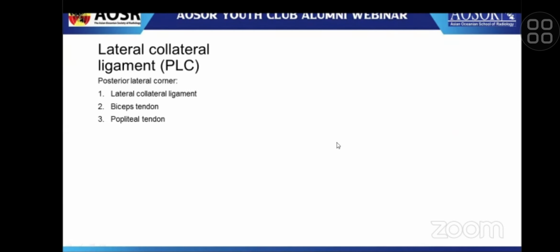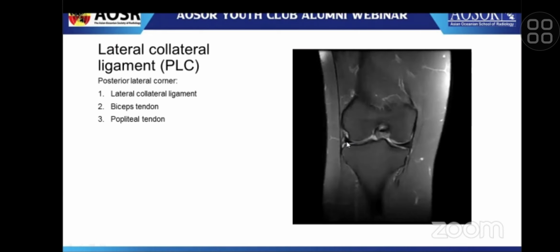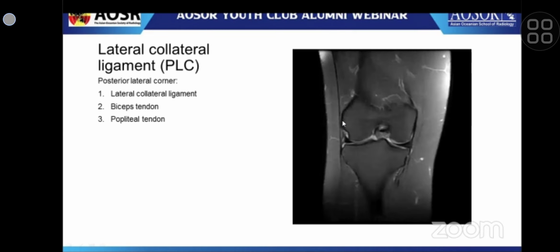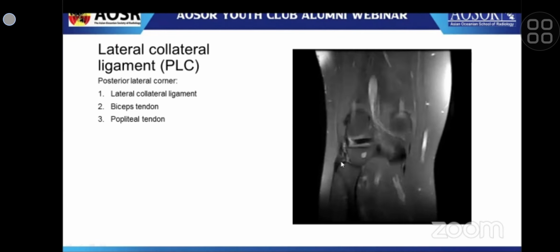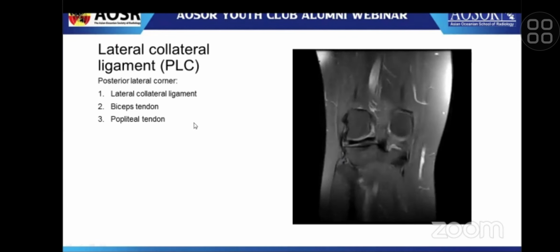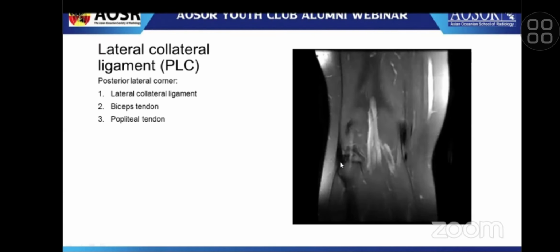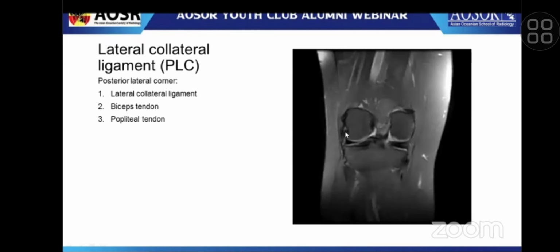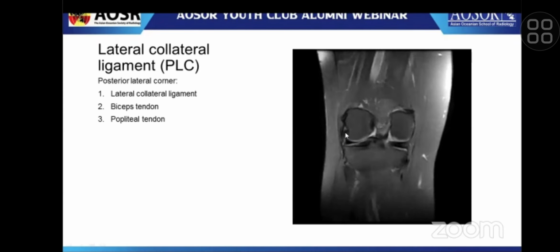And the lateral collateral ligament or posterior lateral corner: actually there are 7 or 8 ligaments, but 3 of them are most important. The first is the lateral collateral ligament, which originates from the lateral epicondyle and attaches to the biceps tendon, or by itself it may attach to the fibular head. Second one is the biceps tendon, which attaches to the fibular head. And the last one is the popliteal tendon, which originates from this notch and goes backward to the popliteal muscle.